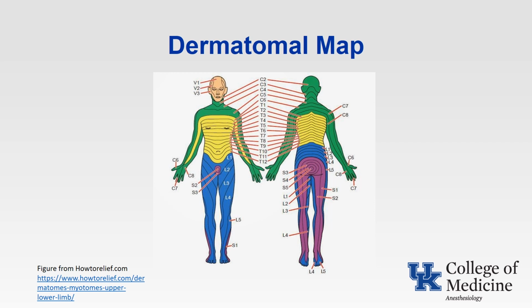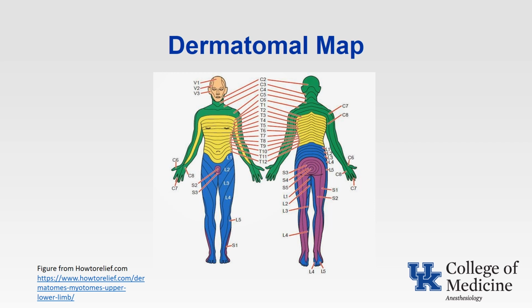Now, once you have achieved your epidural or spinal block, you need to understand where your level is at. In fact, in terms of dosing a spinal or epidural, you need to understand what sensory level you need to have adequate anesthesia or analgesia for whatever procedure the patient is undergoing. This is a nice dermatomal map that you can keep with you to remind you of such things.